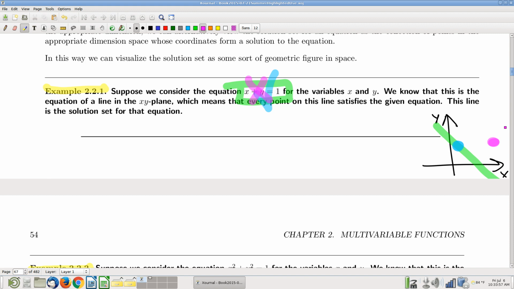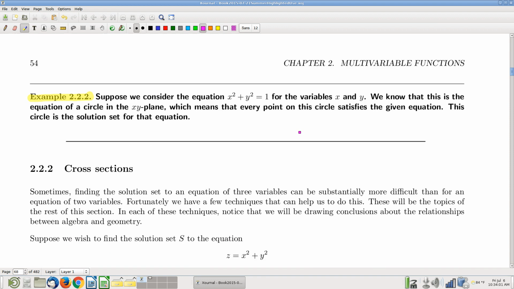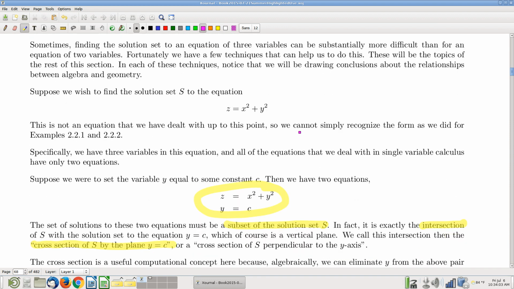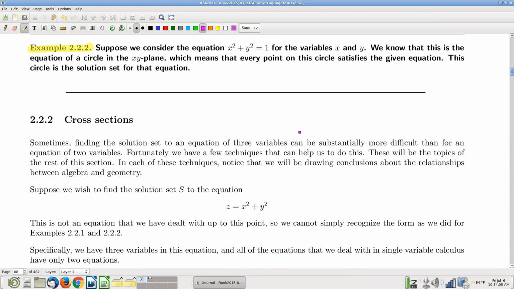Nothing too creepy here. All right, so here's where we're going to stretch things a little bit. What's the set of solutions to the equation z equals x squared plus y squared? Let's count them up: x, y, z. We have three variables now. You don't typically cover this kind of stuff in a Calc 2 class or an Algebra 2 class.